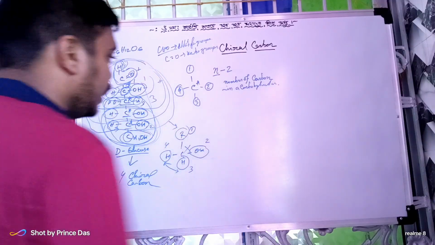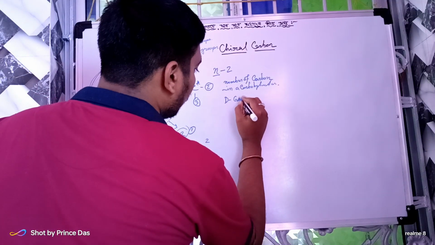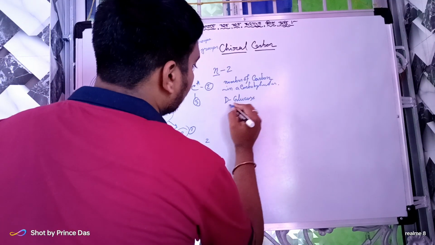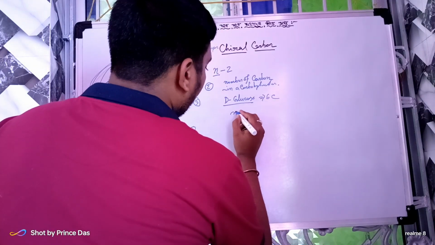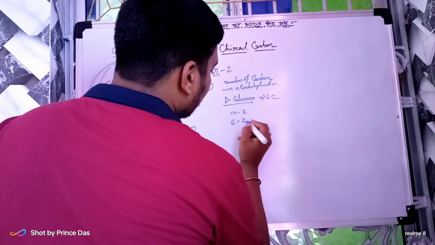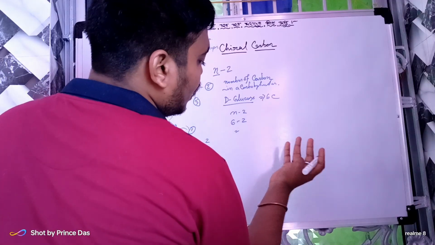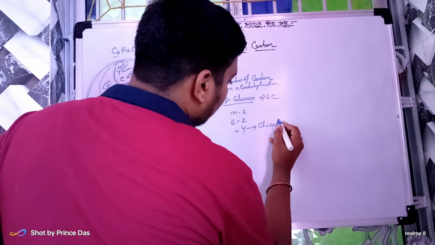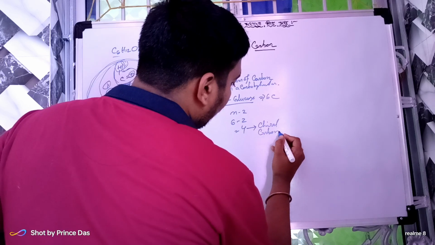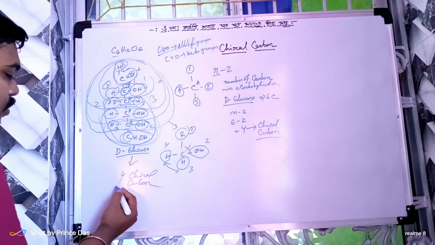So glucose is a carbohydrate. D-glucose means 6 carbons. So N minus 2, apply 6 minus 2. How much? 6 minus 2, 4. 4 chiral carbons. So we got 4 chiral carbons.